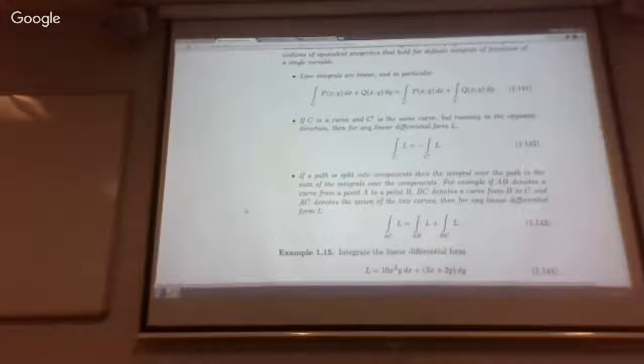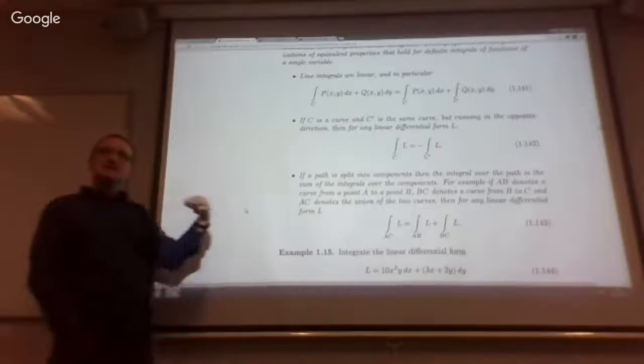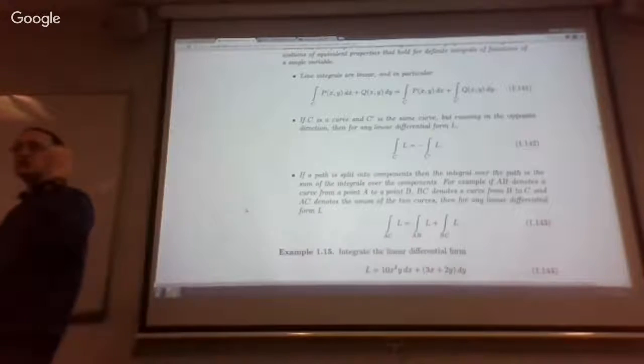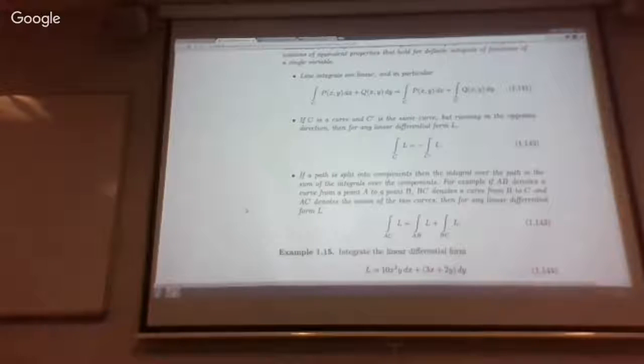And thirdly, we can split the curve up into a number of different parts.